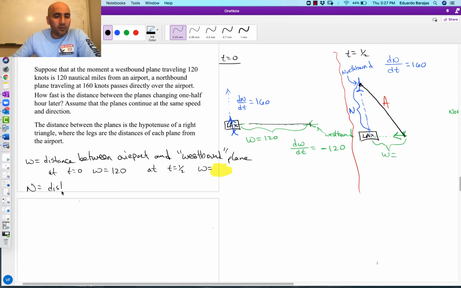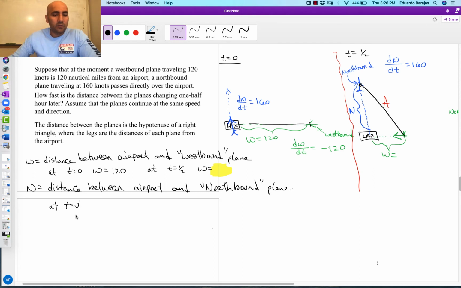N represents the distance between the airport and this northbound plane. Again, at t equals 0, N is equal to 0 because it's right over the airport.